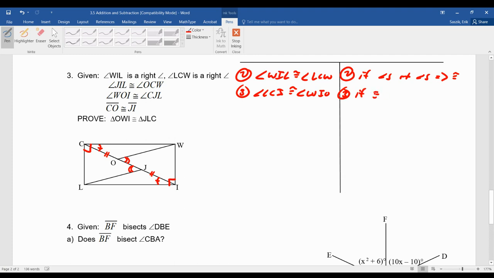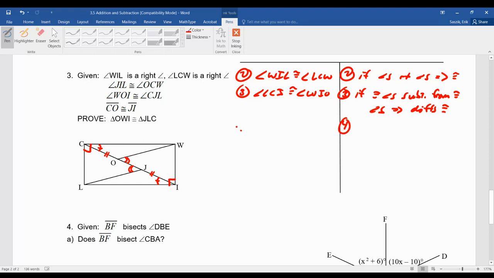If what? Congruent angles, you got to be careful with this, subtracted from congruent angles, then the differences are congruent. And again, that's the new stuff from today. Okay. This will come back. It's actually not a long proof. There's just so much in the given.